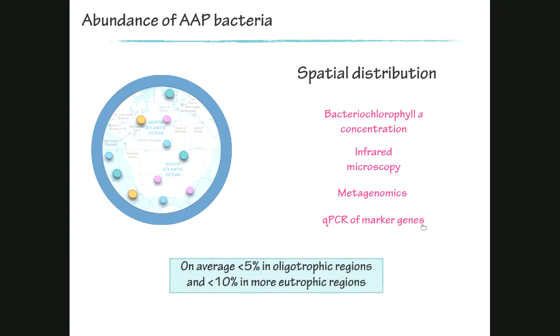Regardless of the method, on average, in oligotrophic regions there are generally less than 5% of the cells, and in more eutrophic regions usually up to 10%. In conclusion, this shows that Colbert's initial hypothesis was wrong, and that these cells are not very well adapted to very oligotrophic conditions.